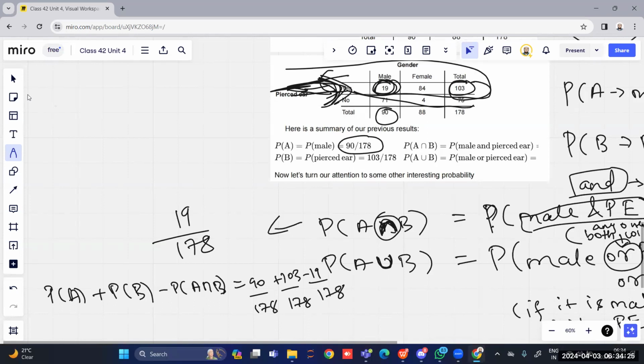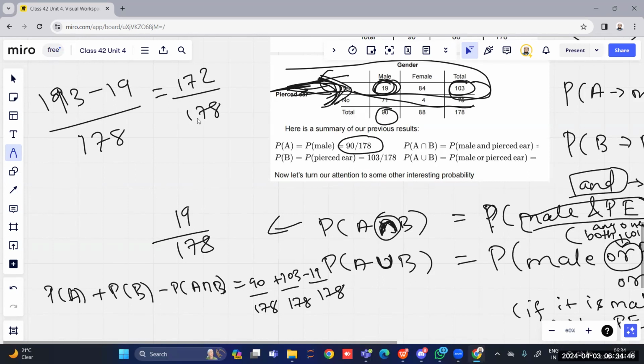The total is 178. So 193 minus 19 upon 178, which will be 174 upon 178.